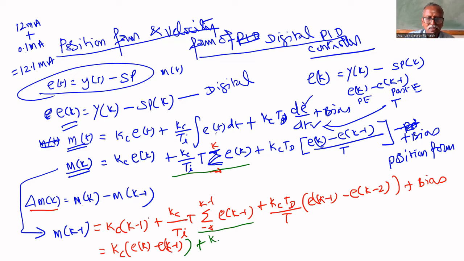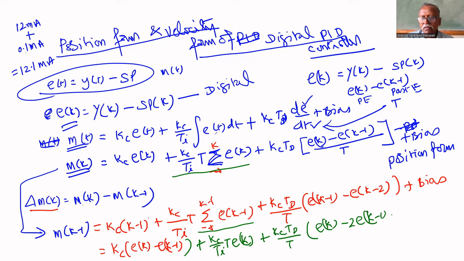The remaining term is Kc by Ti multiplied by T, with only the last term E of k. Plus Kc Td divided by T, multiplied by E of k minus 2 E of k minus 1 plus E of k minus 2. That's all. This is the velocity form of PID controller.